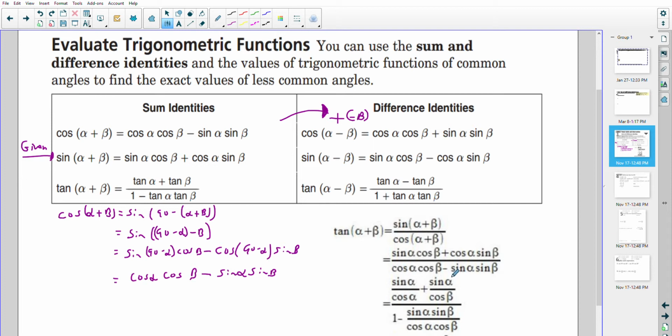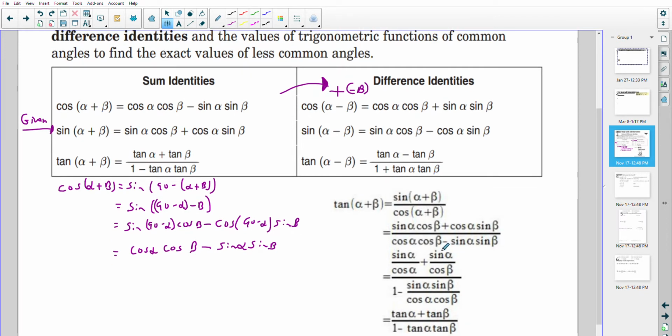Now this expression looks very confusing, but if you know that you want to get a 1 right in this position right here, then what I really want to do is divide the top and the bottom by that term. And that's what you're doing in the very next step.